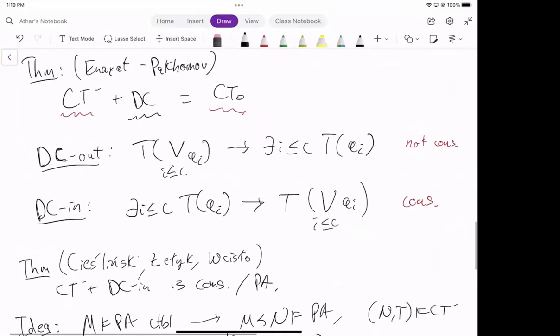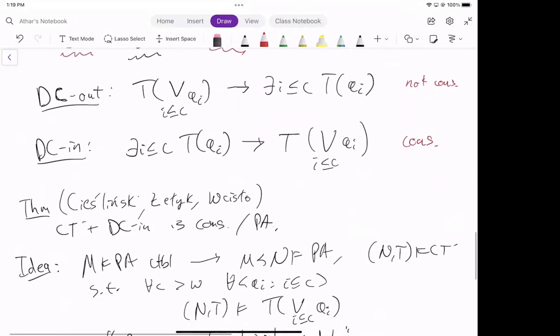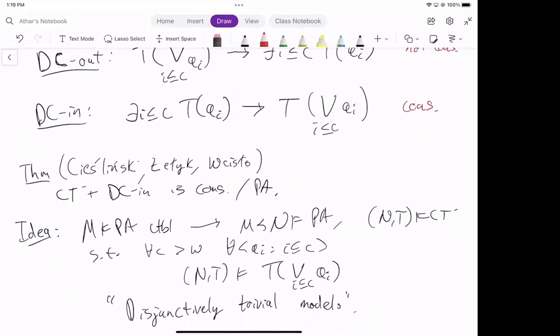Again, I think this is a really interesting construction: you have a model of PA and then you can extend it to a disjunctively trivial model so that the right-hand side of this implication is always true, and so this hypothesis is more or less irrelevant.